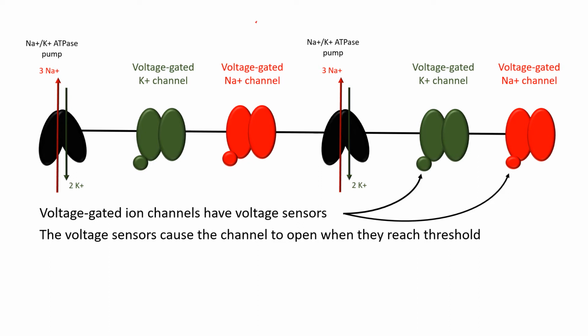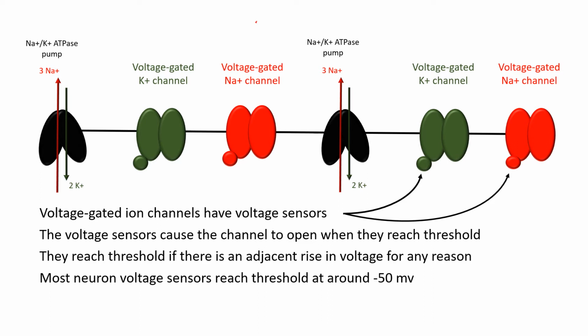The voltage sensors cause the channel to open when they reach threshold. They reach threshold if there's an adjacent rise in voltage for any reason. At this stage, don't worry about what that reason is. We'll come across lots of occurrences when that happens. Just for the moment, accept there can be an adjacent rise in voltage.